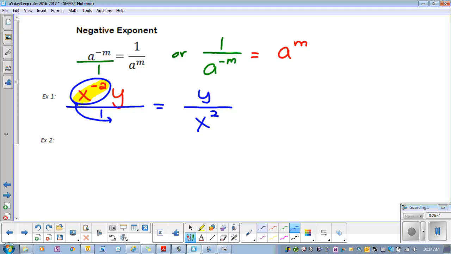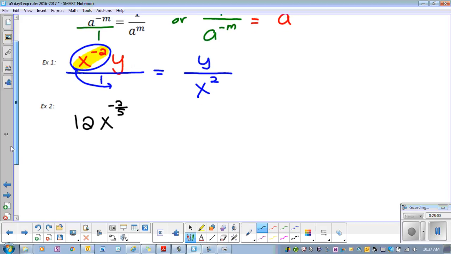All right. So don't let it confuse you if you get fractions as your exponents, okay? So if you have 12 times x to the negative 2/5. Here's my other example. Which one of these is the negative exponent? Just the x, right? Okay. So then how do I make this positive?